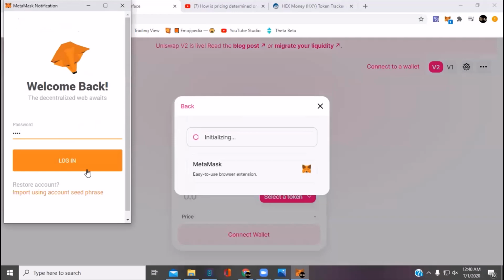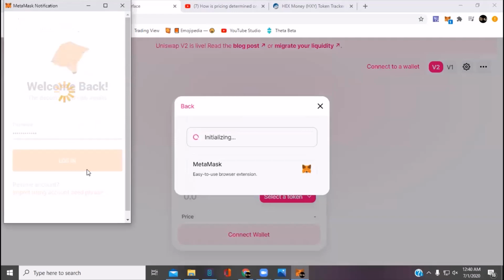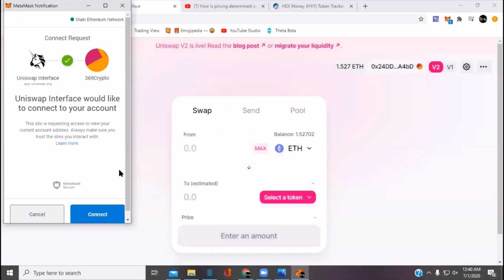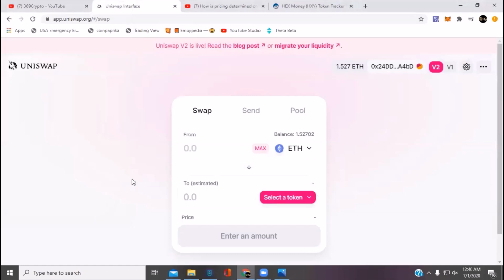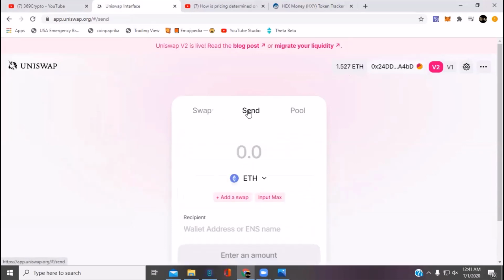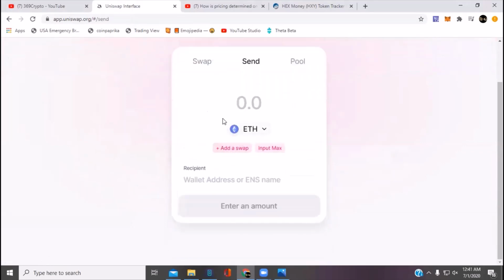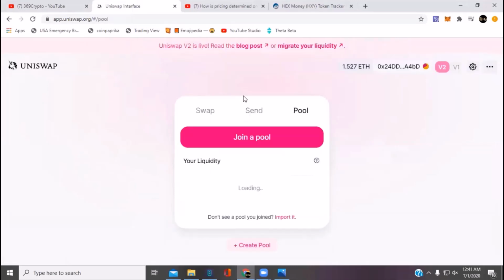I'm just going to log into my account. And this is what pops up: the Uniswap interface would like to connect with your account. Then you hit connect, and you see here address, Ethereum. So here you can swap, send different tokens, or be part of the liquidity pool.